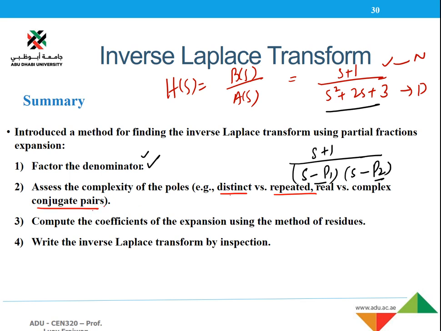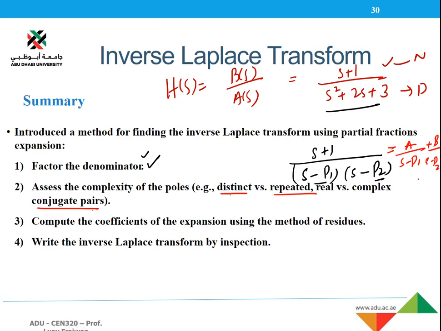Based on that, we calculate the coefficients of the partial fraction expansion, like we did last time. For example, we can write this transfer function as a over s minus p1 plus b over s minus p2.